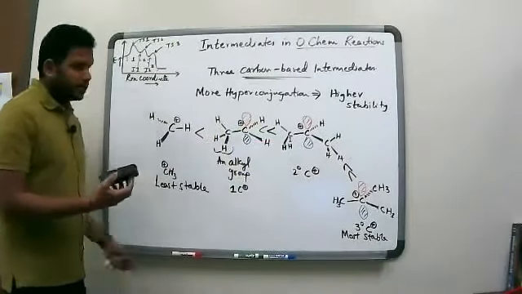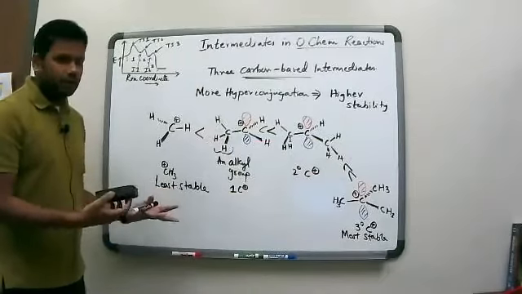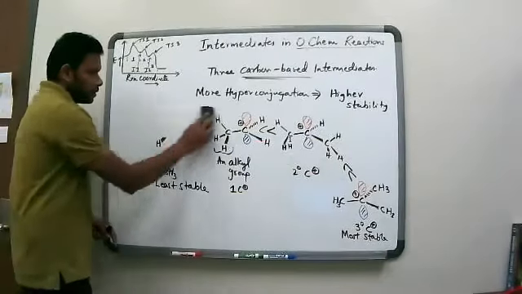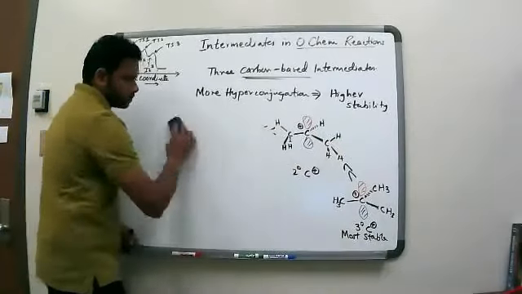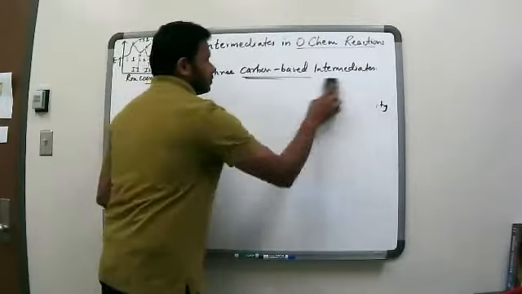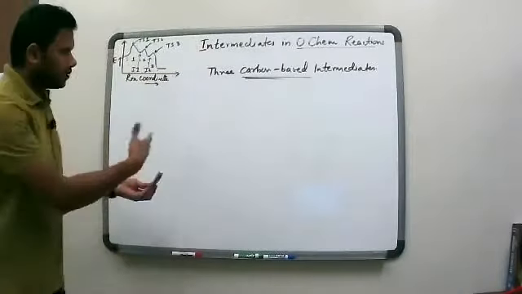Now we can take this same knowledge and apply this to radicals, the second class of intermediates. When you have a radical, I think we're going to see something very similar.